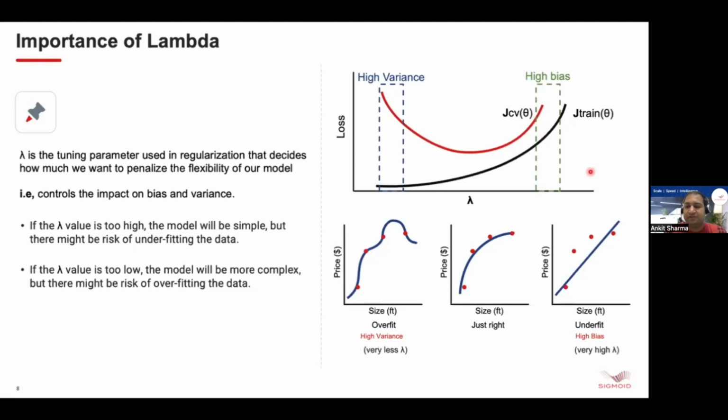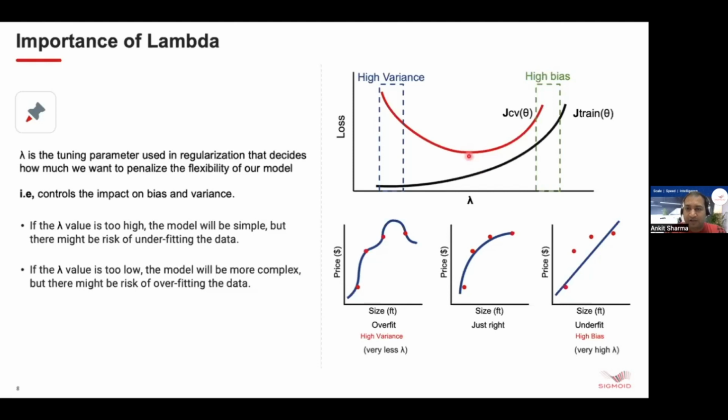This can also be shown in the graph below, where the same blue line is not passing through each of the red data points. This is also called underfitting. So wherever you have a very high value of lambda, your model might face underfitting issues. So both high variance and high bias, or overfitting and underfitting, should be avoided for an optimal solution.